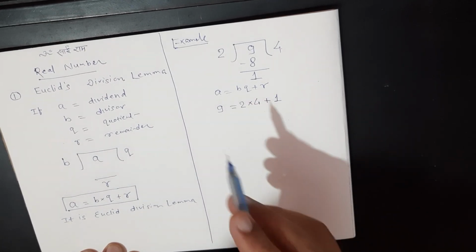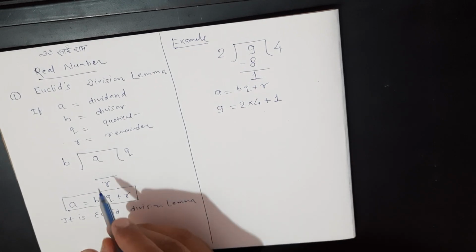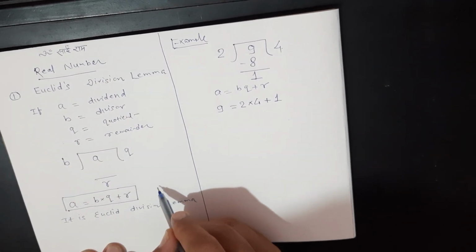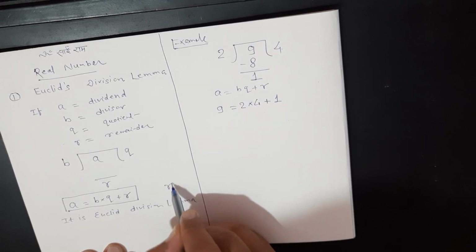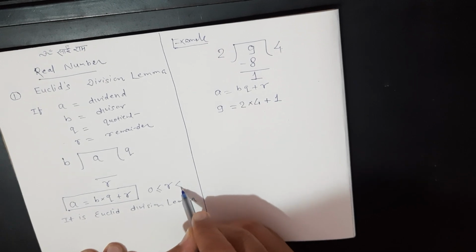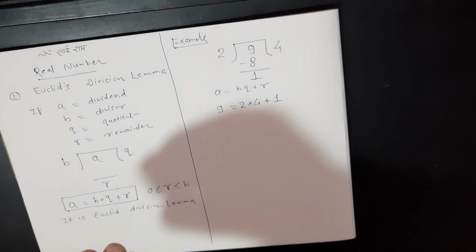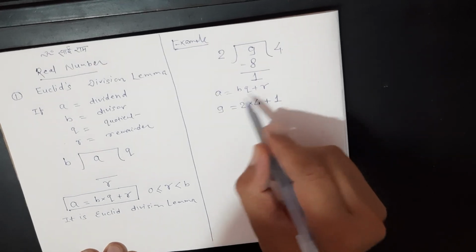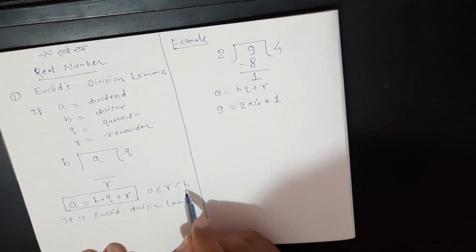What is important thing here, we want to see it. Actually in Euclid division lemma, one condition always follows: remainder is always greater than or equal to 0 and less than B. We want to check this situation.